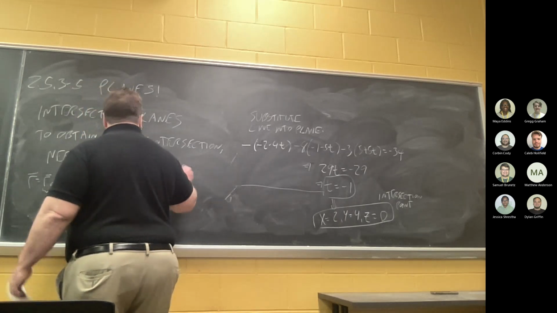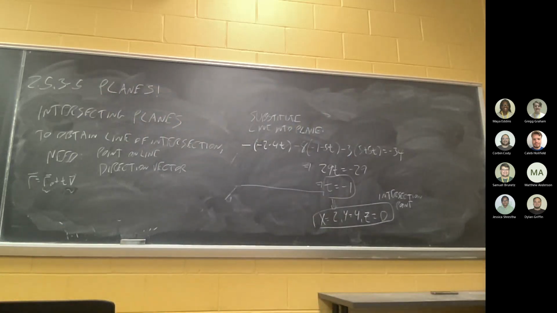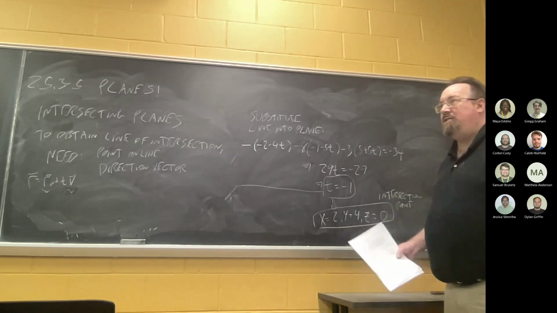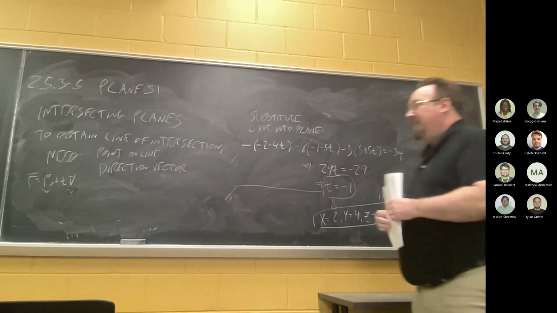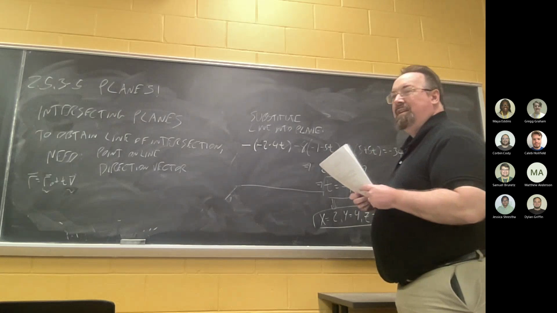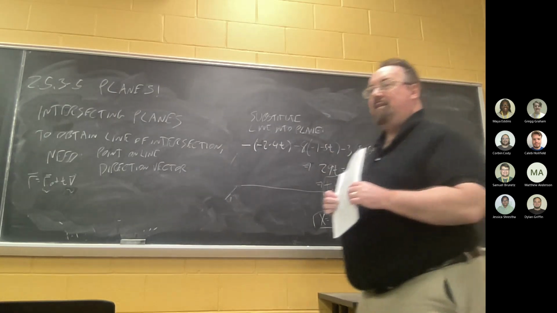So a direction vector, which consists of direction numbers. It's important, when we're looking at an equation of a line or an equation of a plane, to see not just the numbers themselves, but what their meanings are.